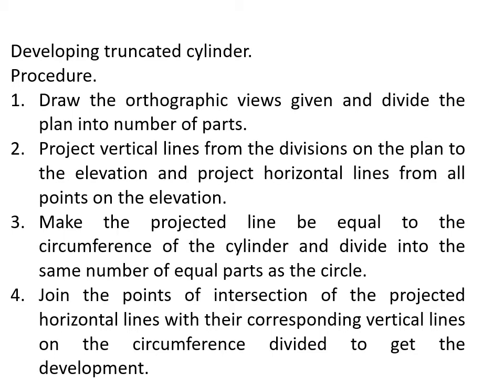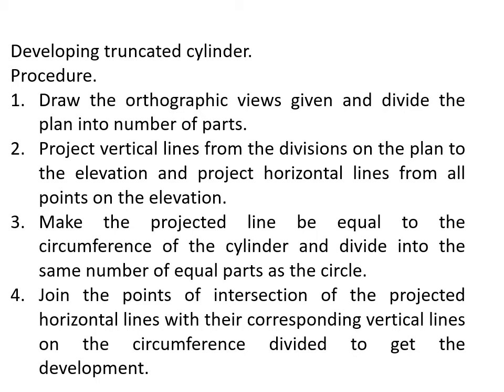Now, with this method, 1, you draw your orthographic view first and divide into a number of parts, either 8 or 12. Then 2, project vertical lines from divisions on the plan to the elevation, and project horizontal lines from all points on the elevation.